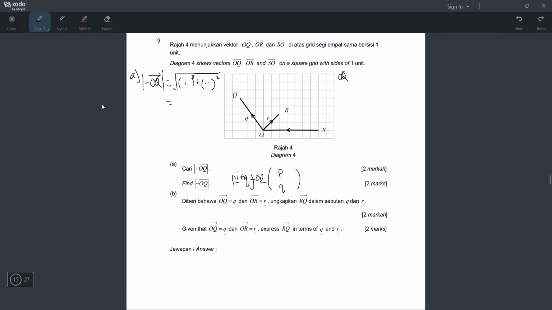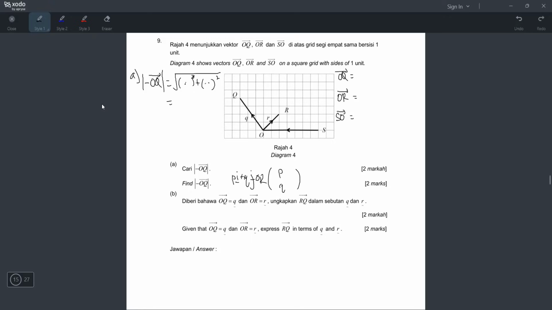Let's write down vector OQ, OR, and OS. Okay, let's follow the arrow. OQ, OR, this one is SO, right? By the way, you don't have to worry about QO, because if you have OQ, then QO is the same thing, just flip the sign. So OQ will be what?